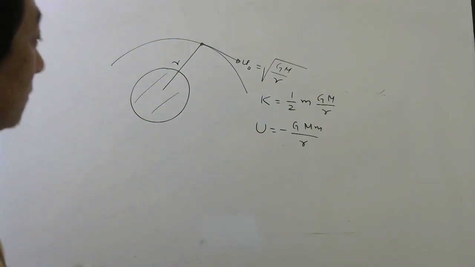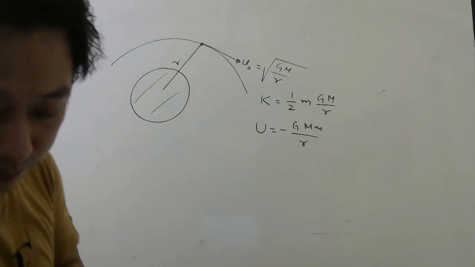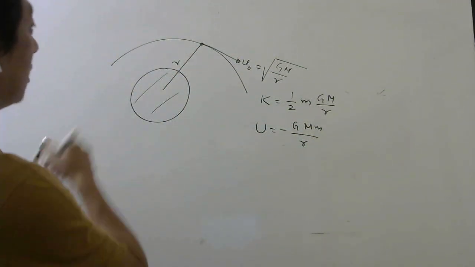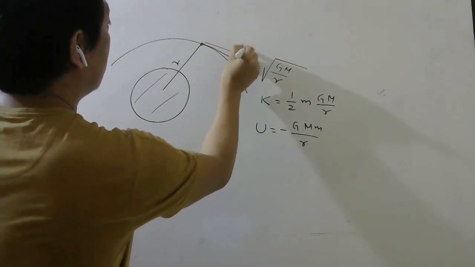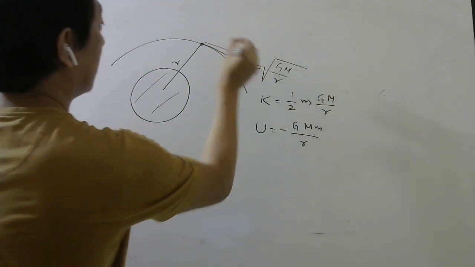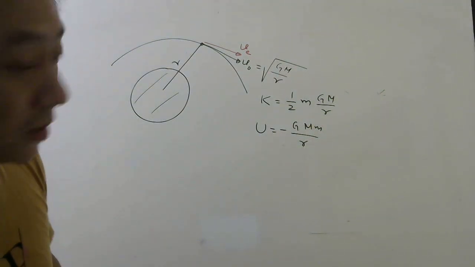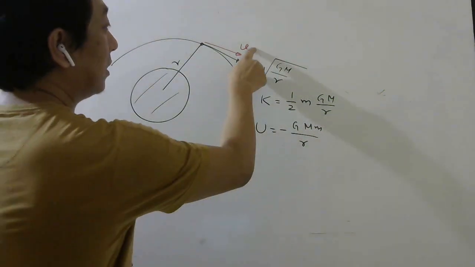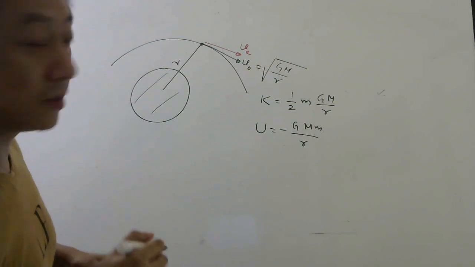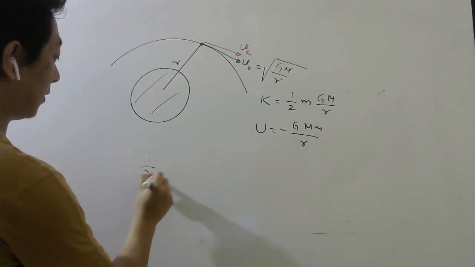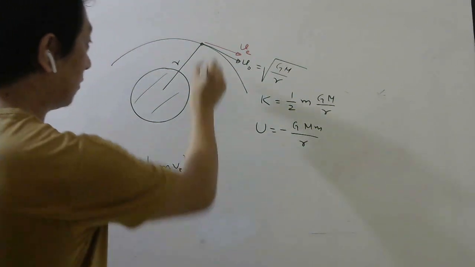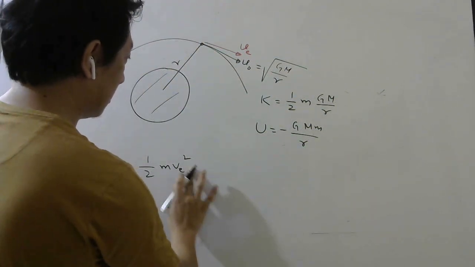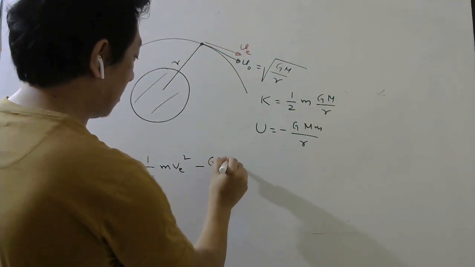So here, suppose I give it some velocity, v escape, let's say. I convert this velocity into this velocity. Now, my half m ve square plus whatever potential energy it has, minus GMm by r.